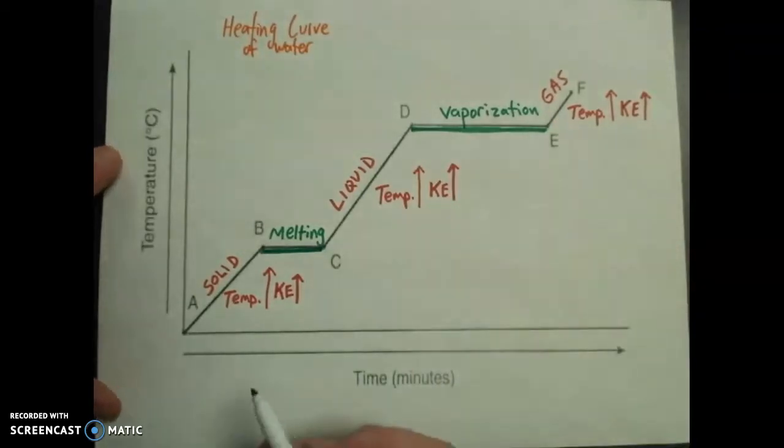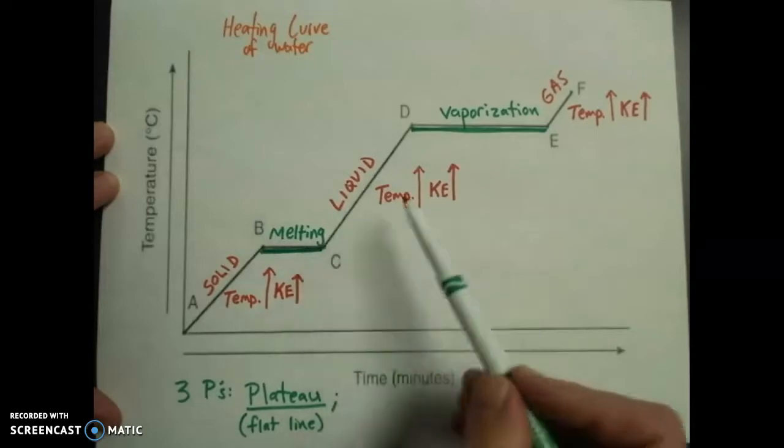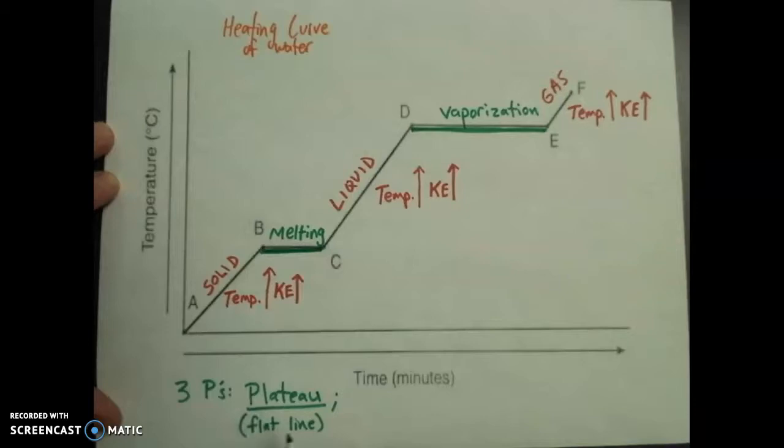Now, there's something I'm going to write on the bottom to help you remember where different energies are going to be. It's called 3 P's. So the first one is a plateau. A plateau is the flat line. These are flat lines. These are the plateaus, one of the 3 P's.